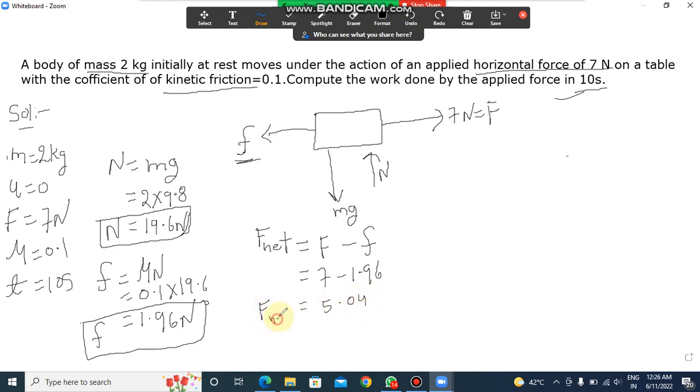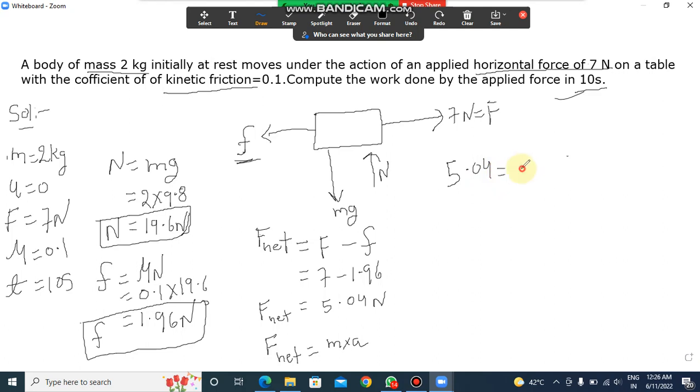Newton. We know that F net is always equal to mass into acceleration, according to Newton's second law. So we can write F net equals mass into acceleration. We have F net now, which is 5.04.